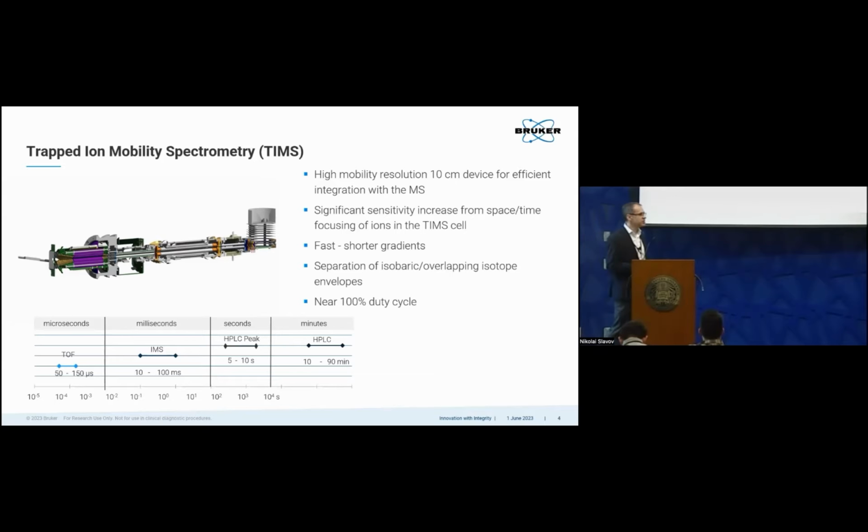It's a very fast process, so it's very amenable to short gradients and fast chromatography. And because we have this ion mobility separation, it enables us to separate isobaric and overlapping isotope species, leading to cleaner MSMS spectra.